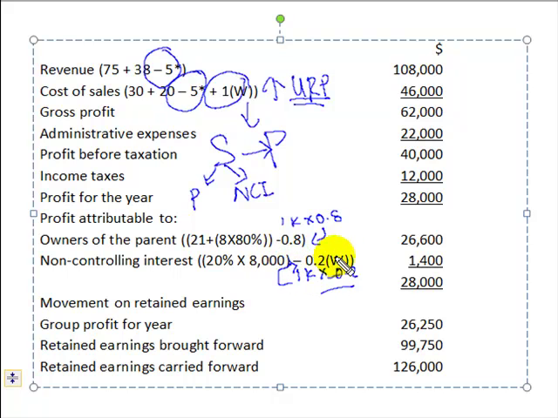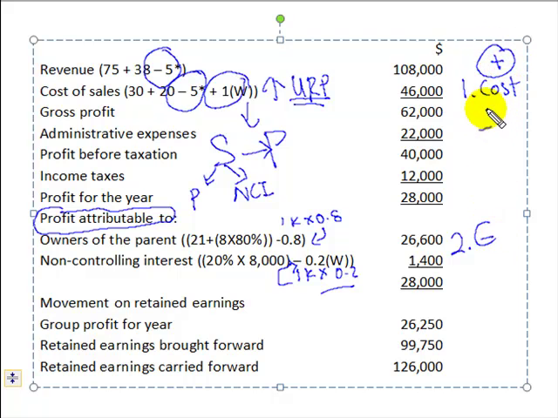This is your unrealized profit for the non-controlling interest. So for unrealized profit, you have to minus in two places. One is in your cost of sales for unrealized profit. Second is on the profit attributable. Here, profit attributable, you have to minus. Here, cost of sales, you have to plus. When you plus cost, the net effect is a decrease in your profit. Here also, minus your profit, a decrease in profit. So that's why you can balance here, 200 and 200.